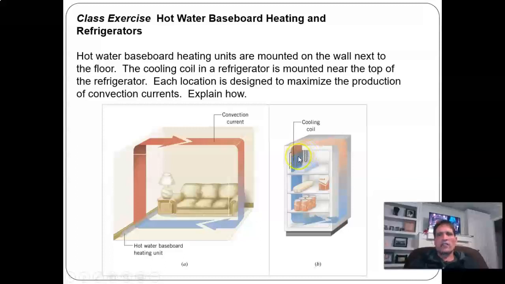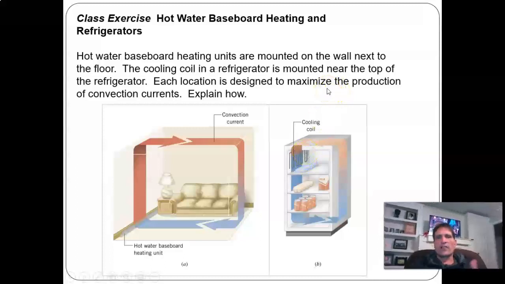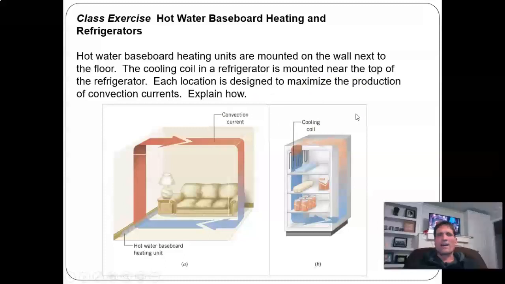Each of these designs, placing the baseboard heaters near the floor and the cooling coil near the top of the refrigerator, is designed to maximize the production of these convection currents. Why? Let's look first: why do we want the baseboard heating unit near the floor and not near the ceiling?